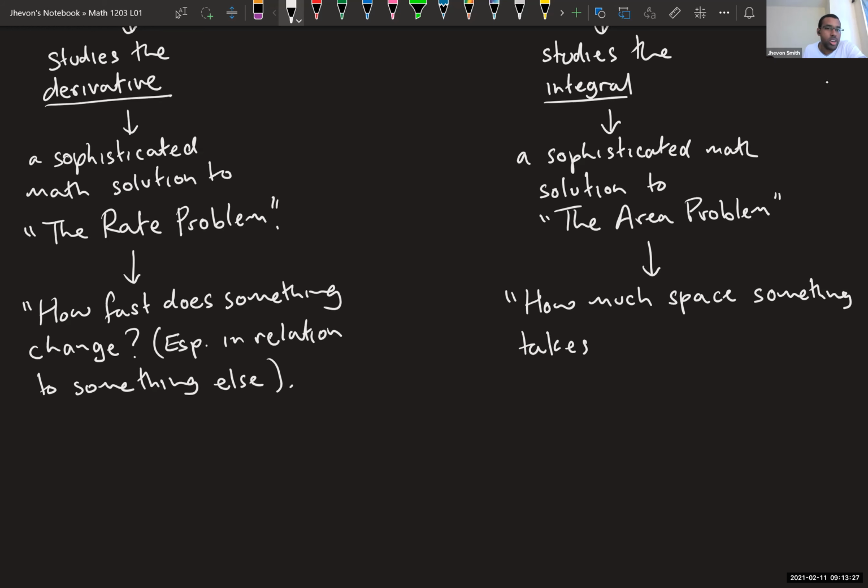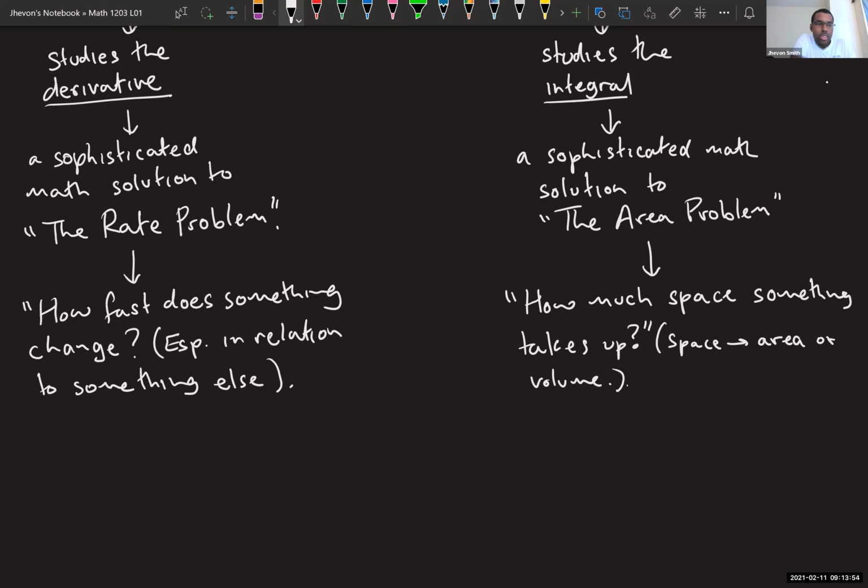If the thing is 3D or higher, it's what's the volume, right? So takes up space. This means area or volume. So that's the question. And again, it's a broad question. How much space does anything take up?